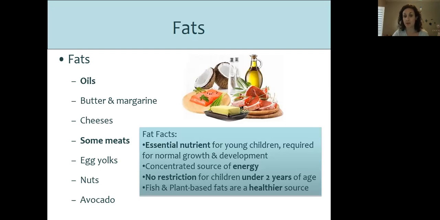It is an essential nutrient that young children need. Before the age of 2, there should be no restriction on fat. We shouldn't even be concerned about that. Now, when I say that we shouldn't be concerned about fat, I mean actual fat in these forms. I don't mean excess sugar that turns into fat.